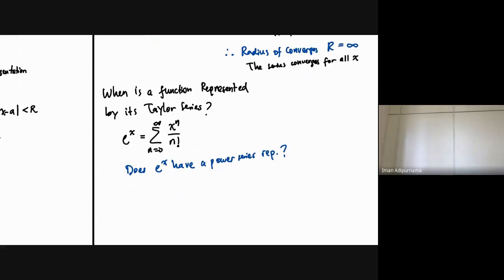You can change this e to the x to any random function, but the question is still relevant: how can you determine whether any function has its power series representation? Now, this needs to be observed, and I think it's much easier in a graph.